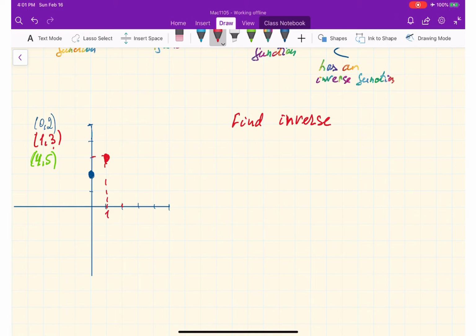So 1 and this is 3, 1, 2, 3, 4, 5. Okay. And then lastly, we're going to have 4 and 5. This is 4, it's going to go up to 5, it's going to be right here. All right? Okay, so the graph is going to look like this.